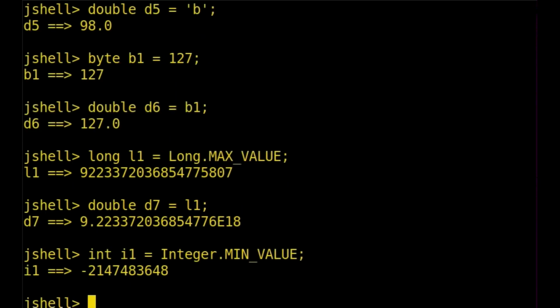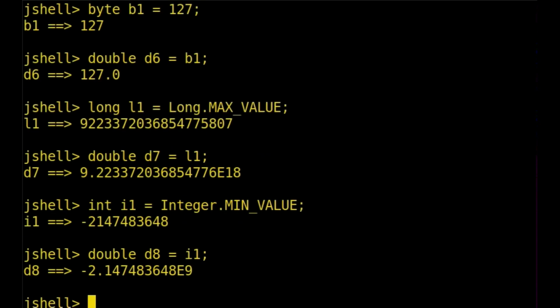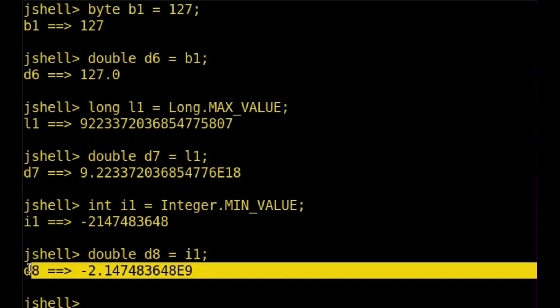And that is the integer's min value using the Integer class constant MIN_VALUE. And there I'm assigning it to the double.